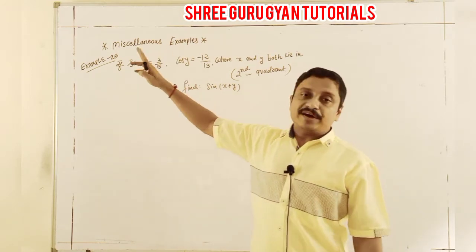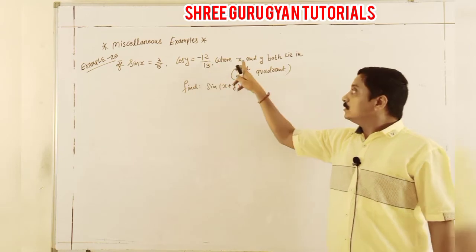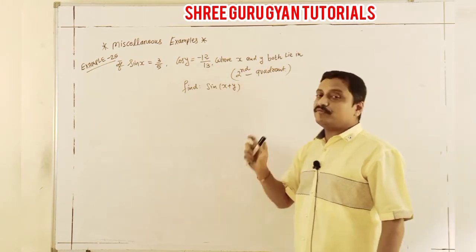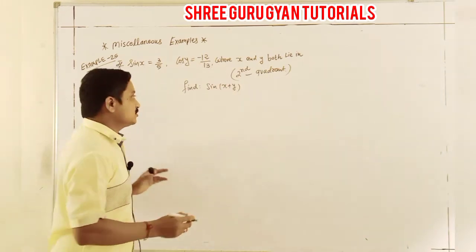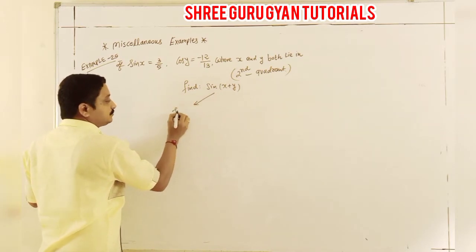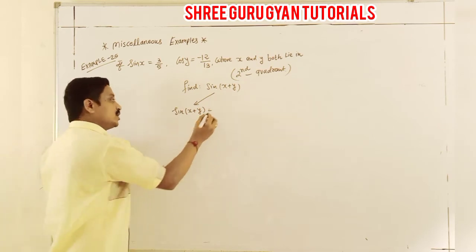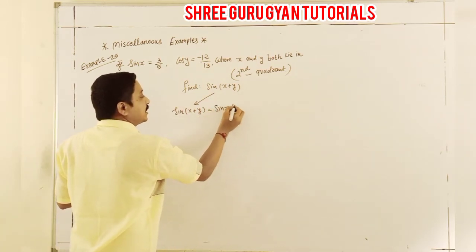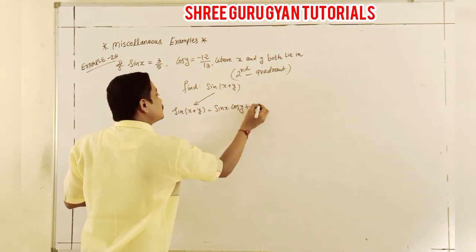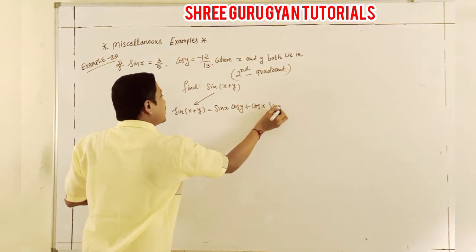Now question number 25: sin x is given, cos y is given, both are in the second quadrant. Find the value of sin (x plus y). Students, do you know this formula? Before starting this numerical, first be clear about the formula: sin x cos y plus cos x sin y.